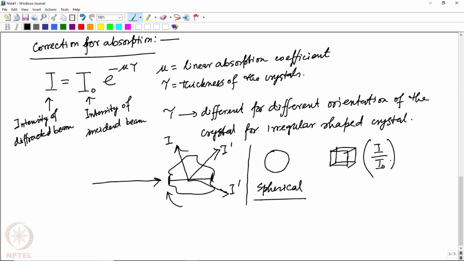This absorption is also dependent on the wavelength of radiation. So the absorption coefficient mu is dependent on the wavelength lambda of radiation.